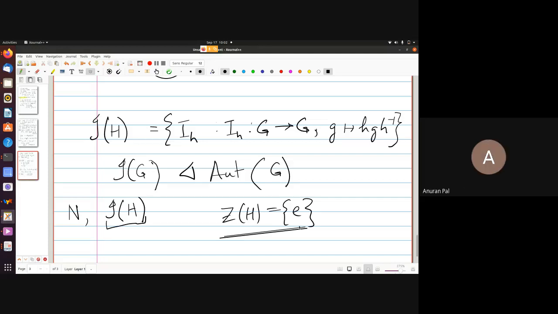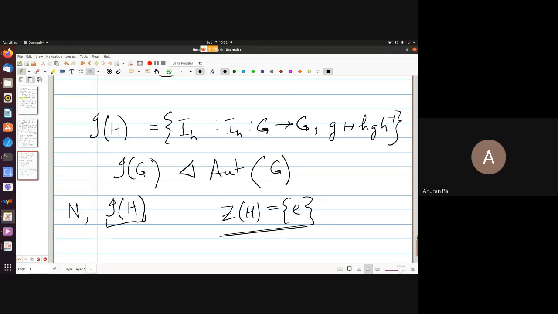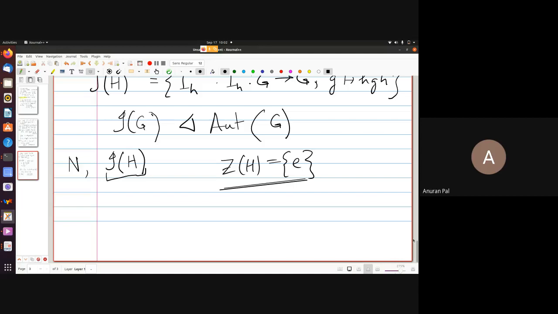Sir, otherwise, if it's the center, then center means that g g prime equals g prime g, so it will commute. So we are doing an automorphism, so it's h and h inverse. And if H has a non-trivial center, then h inverse can change places with n, and then basically h h inverse becomes identity.